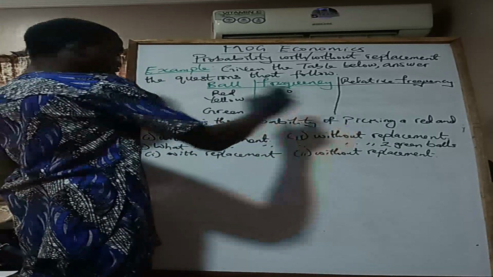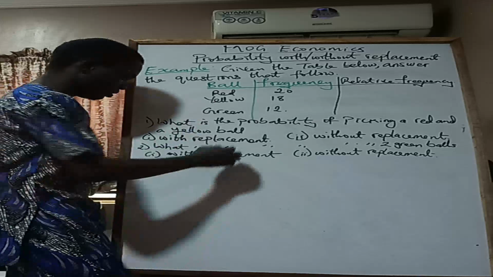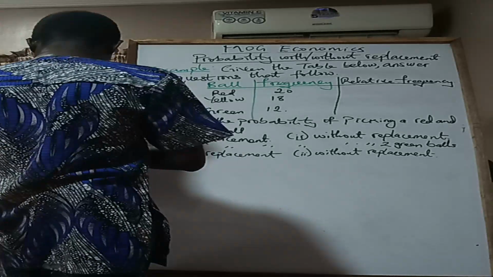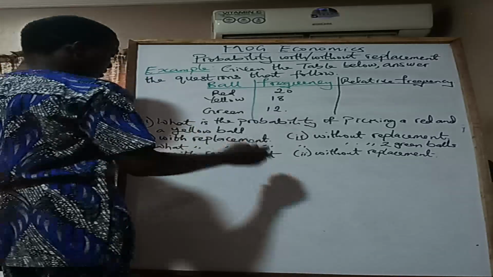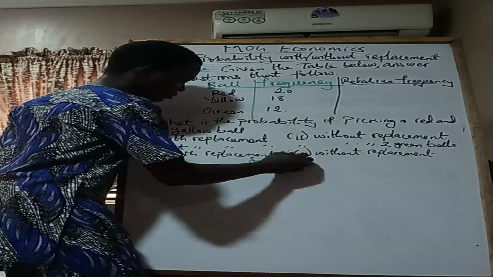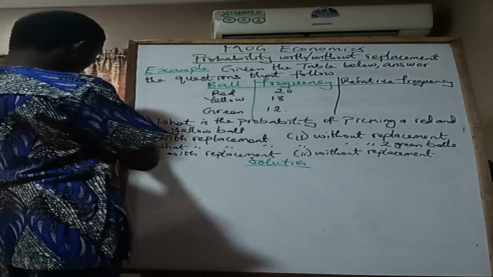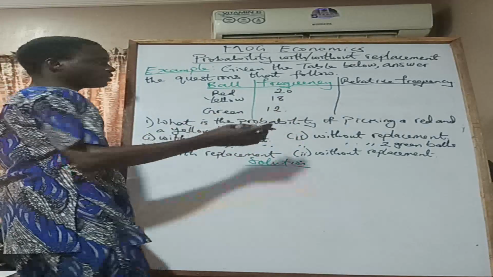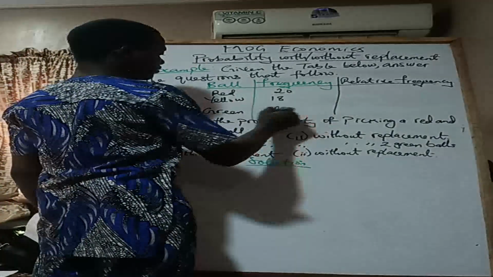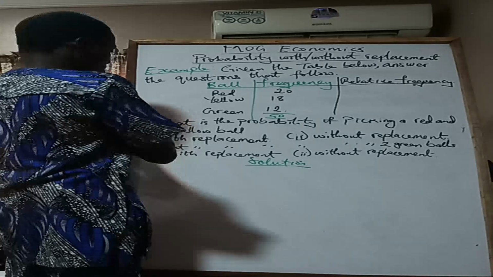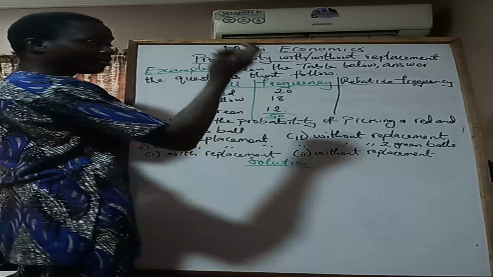Anyway, now let's look at this. The first thing is to calculate our sample space. Solution. Our sample space is basically the total: 20 plus 18 is 38, 38 plus 12 is 50. That's our sample space. The question says probability of picking a red ball first.